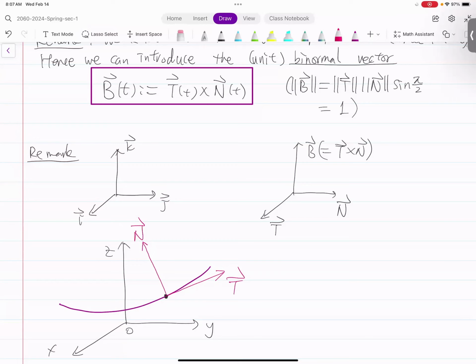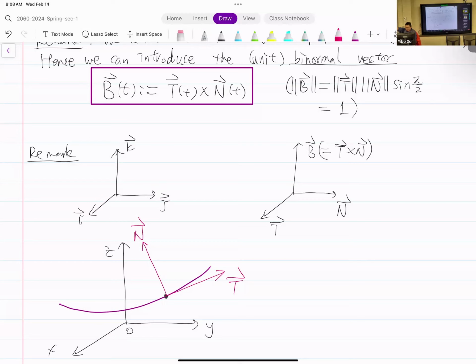And now cap B is the cross product between T and N, right? So now if you think about the right-handed rule, our hand is going along the direction of cap T, pointing towards the right, like this. And then we can bend our fingers along the direction of N, which is like, we're kind of turning left slightly, right?